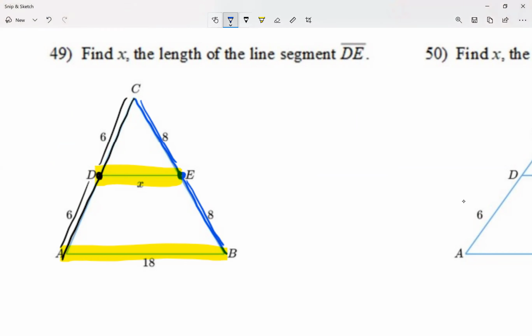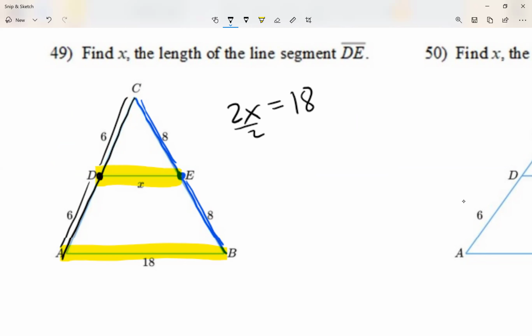So I'm going to say 2 times x, because the little one times 2 equals the big side. 2 times x is equal to, in this case, 18.